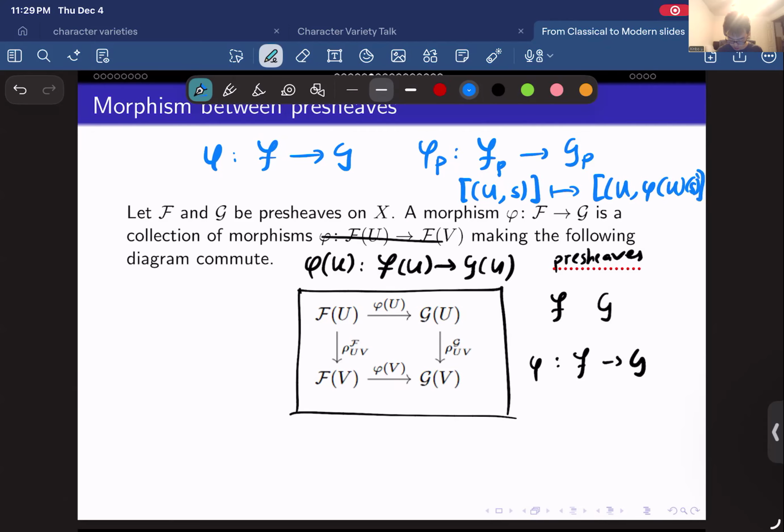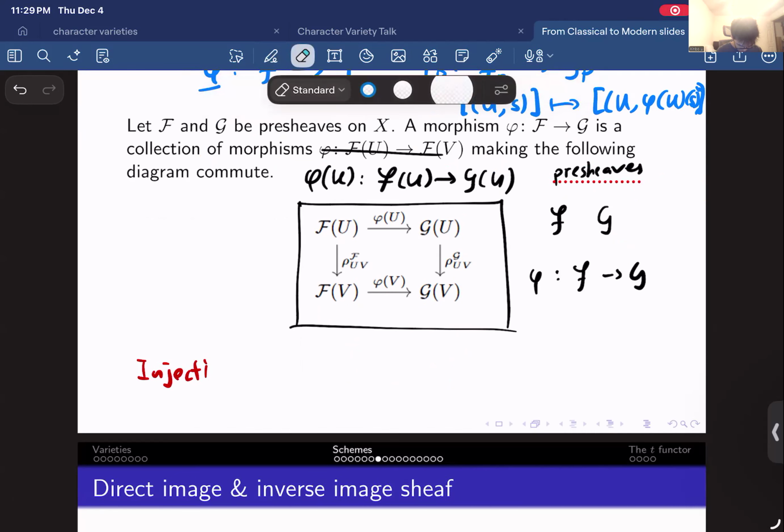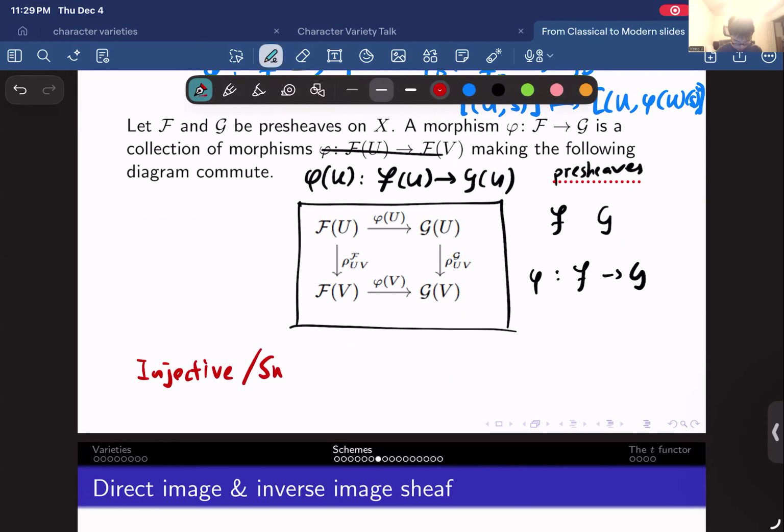And you can verify that properties of phi are often equivalent to properties of phi p. For example, injectivity or surjectivity transfers well between phi and phi p, if this holds for all p.